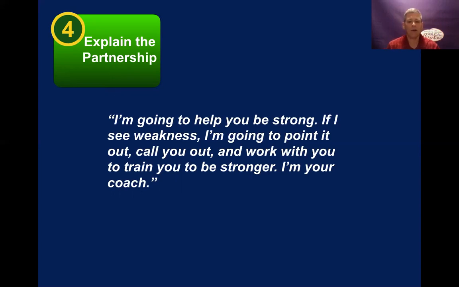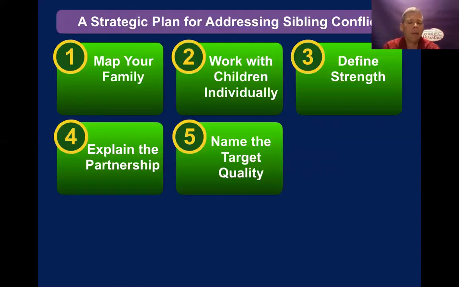We're explaining the partnership, but let's drill down a little bit more by going to step number 5. Step number 5 is to name the target quality for a particular child. This is why it's so important to work on this individually. Every child needs a plan. Every child needs a target heart quality to work on. In order for us to develop that target quality, we have to know what it is.